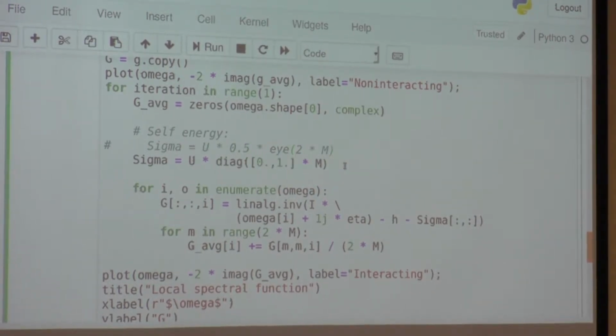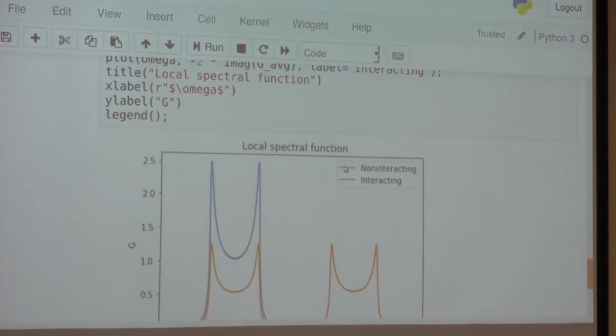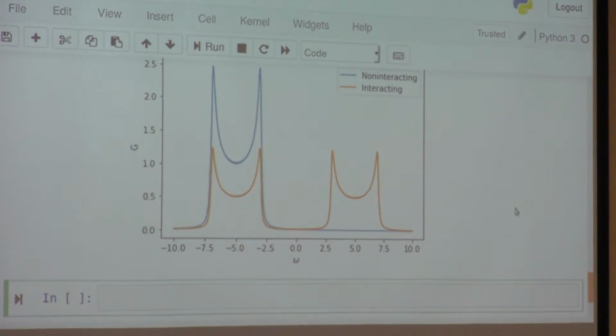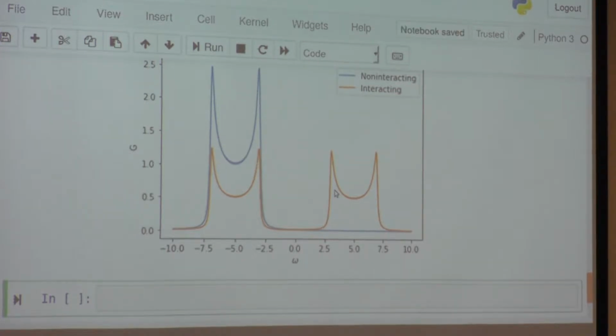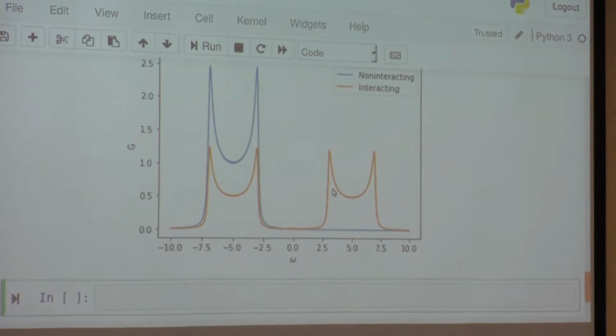If I change to that self-energy and rerun this, then I suddenly have a Mott insulator. I have a gap. It has that distinct superconductor look, though it isn't a superconductor. And the gap should be just about the right Mott gap.